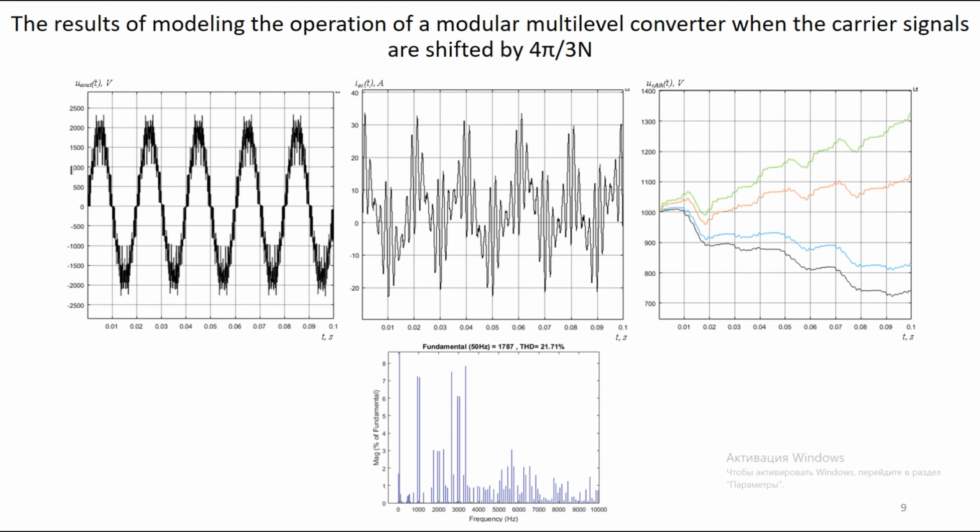Let's analyze the operation of a modular multilevel inverter using pulse width modulation with in-phase carrier signals, in the absence of phase shifts between them. The result of modeling we can see on the slide. The output voltage shows a significant decrease in output voltage levels, which is a negative phenomenon, because in this case it is necessary to use more cumbersome passive output filters to bring the output voltage in line with current standards.